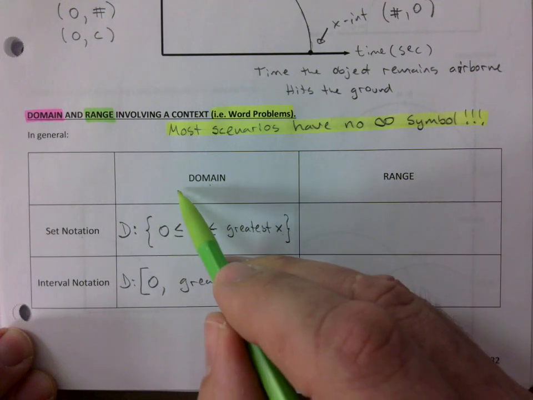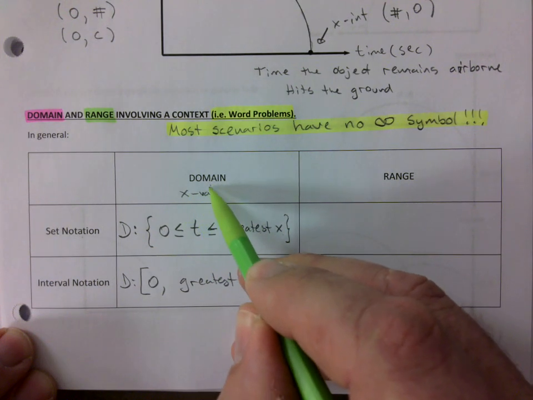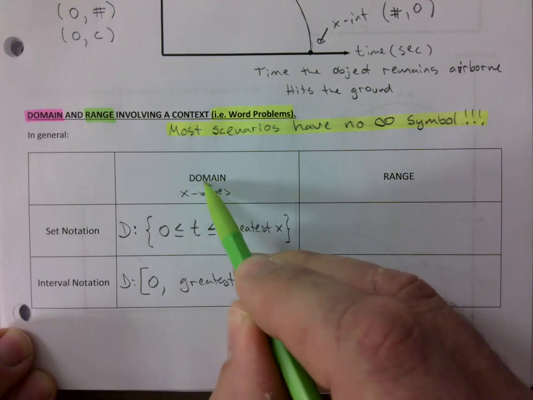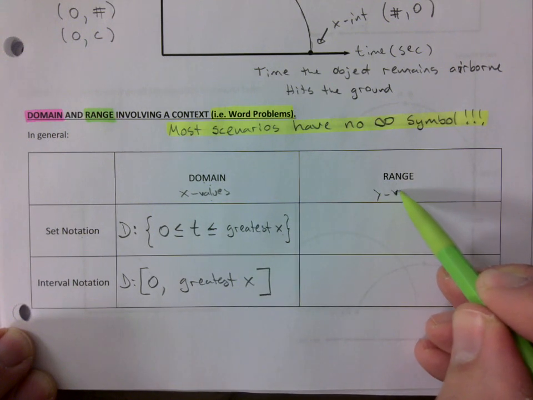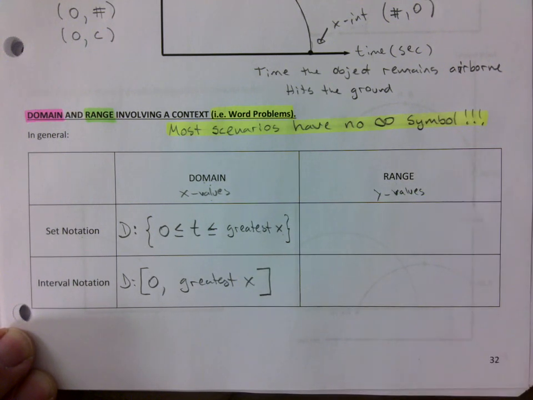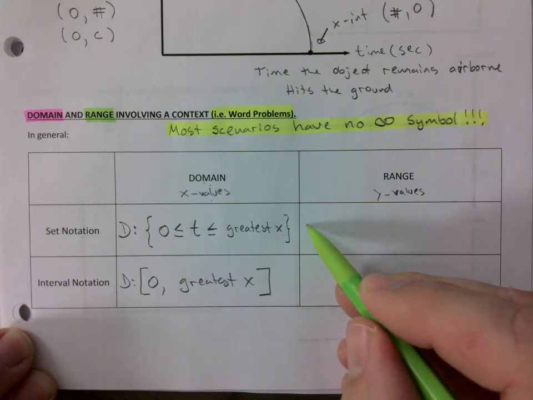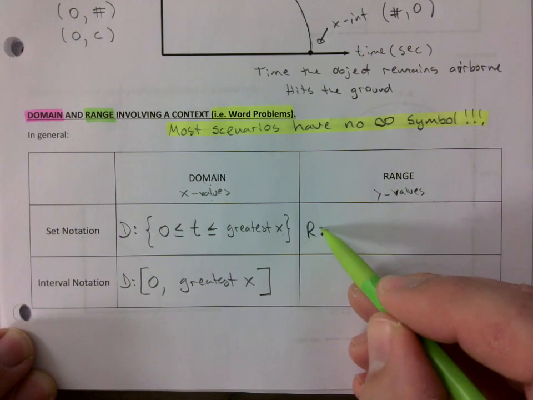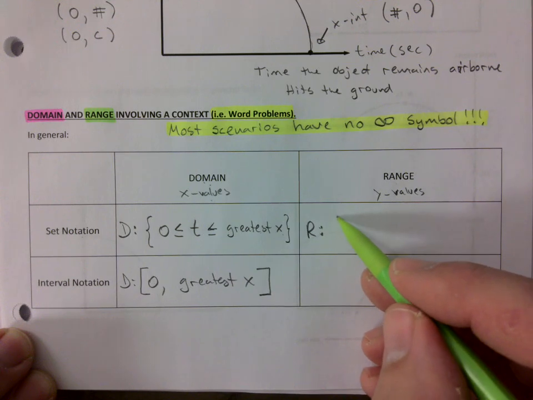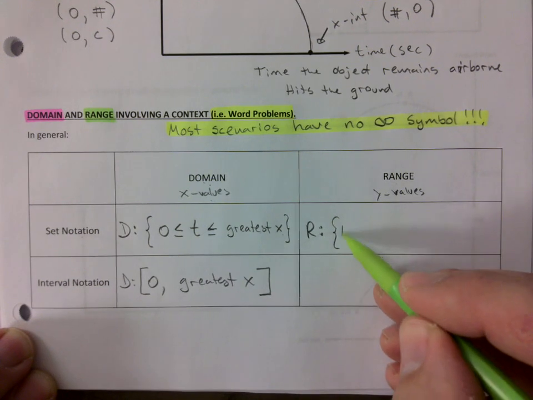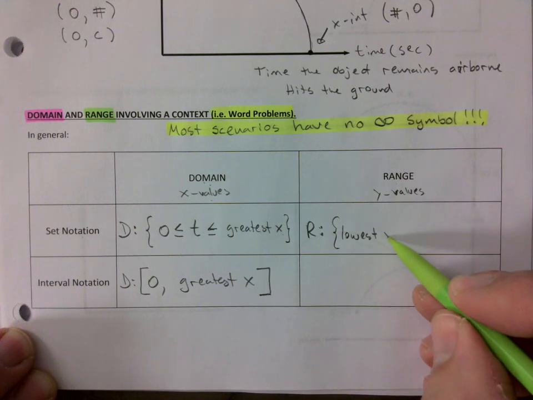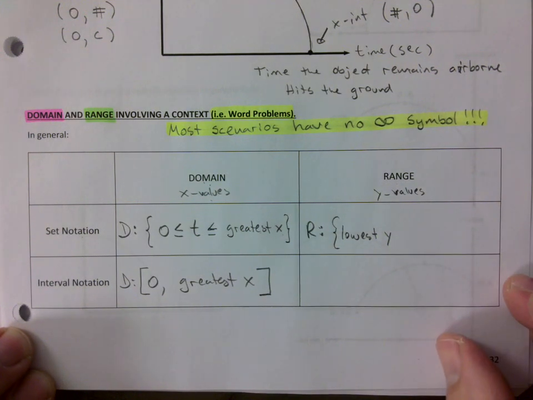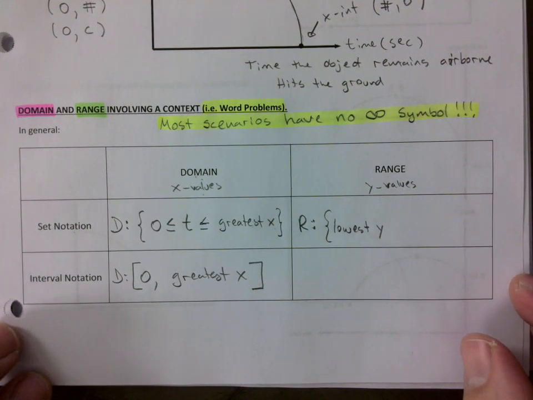Maybe I should repeat these, the x values. Okay, domain refers to the x values. Range refers to the y values. Some students mix that up, so you got to make sure you know that it's different. For range, you're going to have to grab the lowest y value in this scenario.